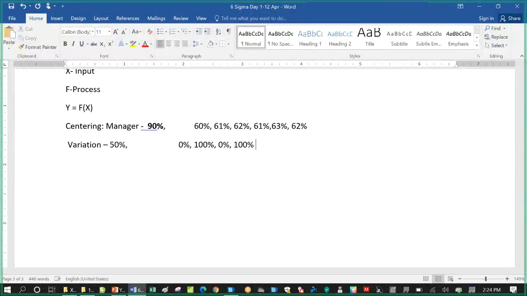What is the average here when you look at 0, 100, 0, 100? Average is 50. Okay, 200 divided by 4.